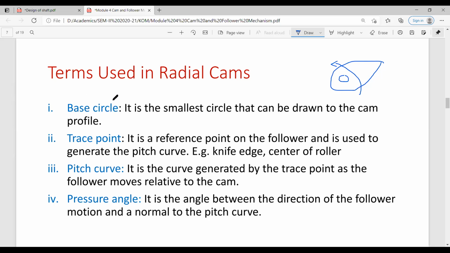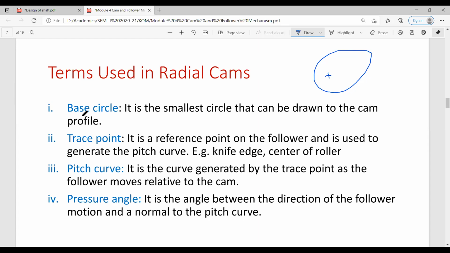So what is a base circle? Suppose this is my cam profile. It is the shape of the cam, and say somewhere here is the center of the cam. The center of the cam is nothing but the center of the shaft on which it is mounted, right?